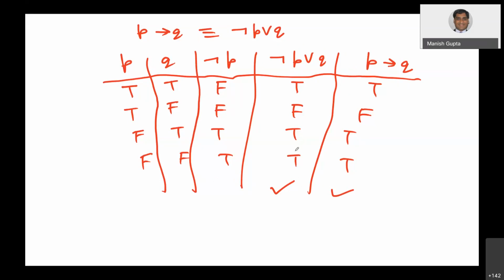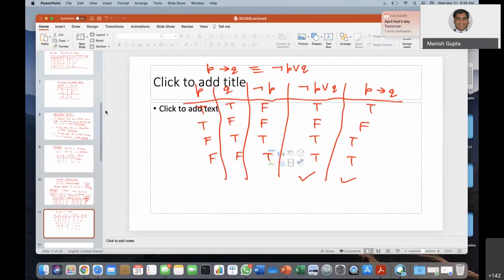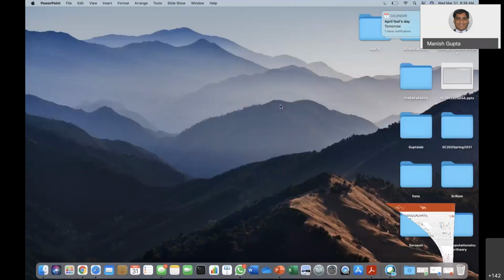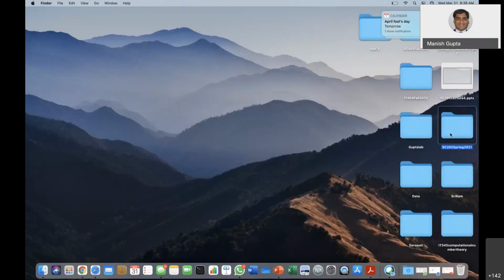Now I guess I can mention some laws here, but I will show you rather than writing it again, because it takes a lot of time here. Let me show you.